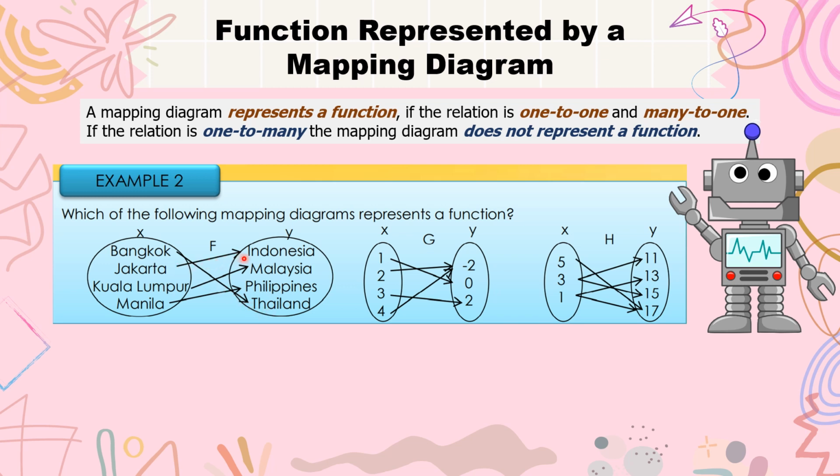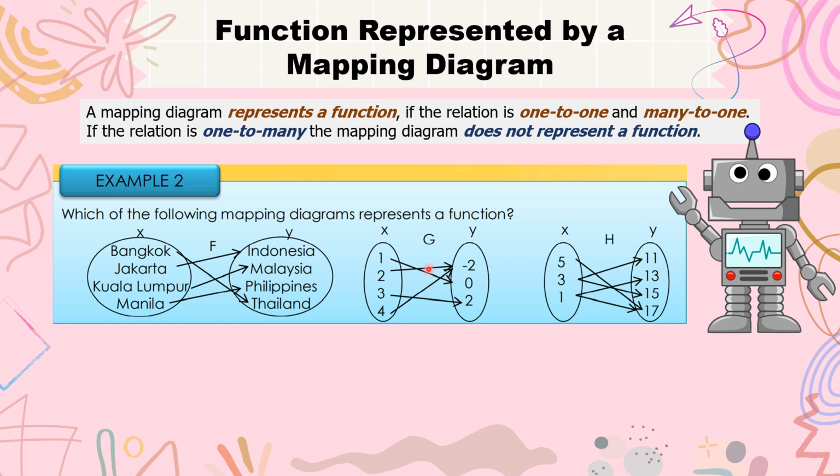Jakarta paired to Indonesia, Kuala Lumpur paired to Malaysia, and Manila paired to Philippines. So as you can see, yung bawat x values natin ay na-pair sa tig-isang value sa ating y values. So this relation is one-to-one. So since it is one-to-one, this relation or mapping diagram is a function.